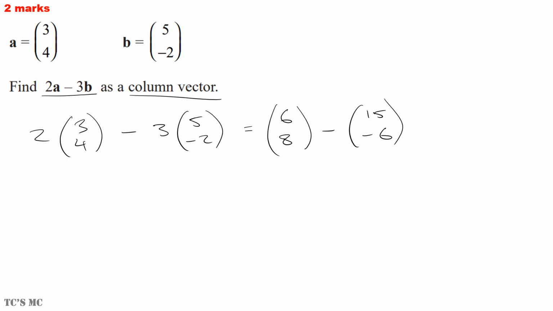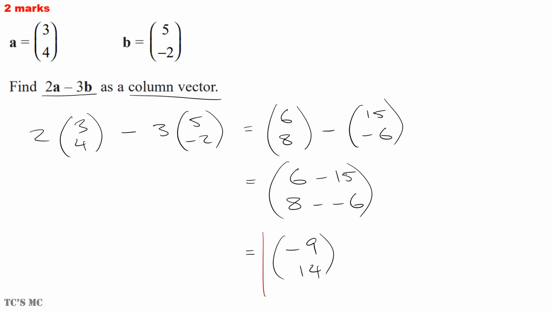Or if I want to, I can write 6 subtract 15, 8 subtract -6. Either one of these lines would get me 1 mark. If I work that out, I get -9 and 14. Now I have my second mark.